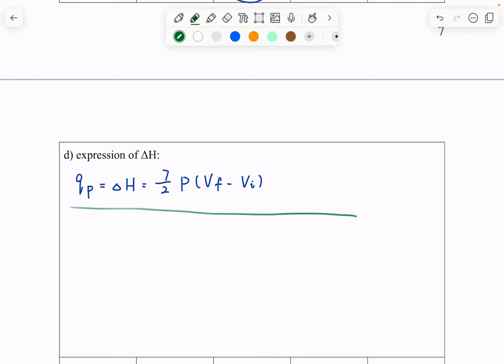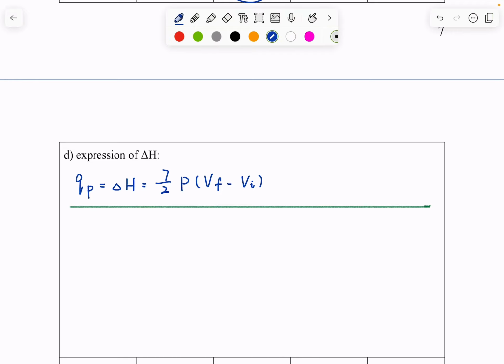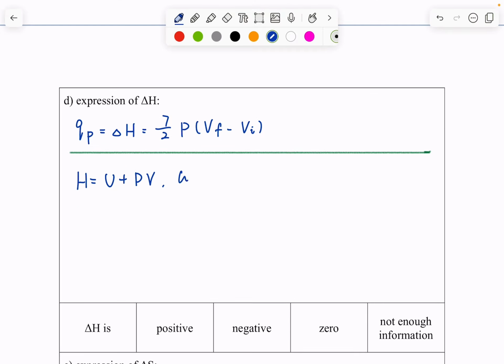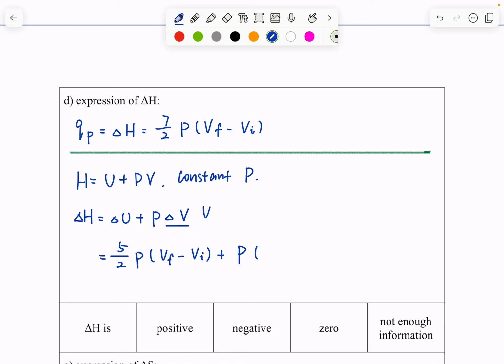Or we can also solve delta H using H equals U plus PV, or for constant pressure, what we have is delta H equals delta U plus P delta V. Right, so delta U, that's 5 over 2 P times V final minus V initial, plus P times delta V, which is V final minus V initial.